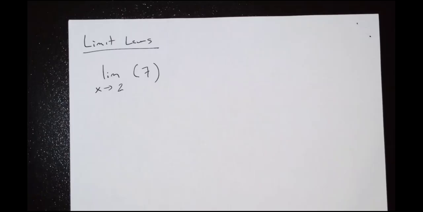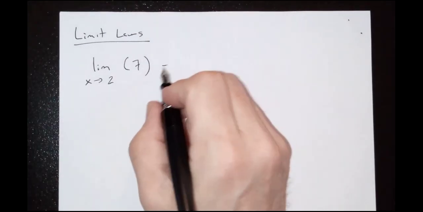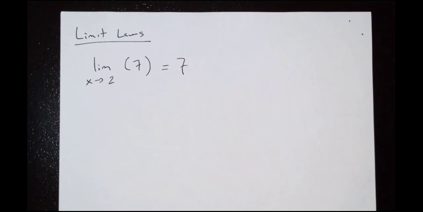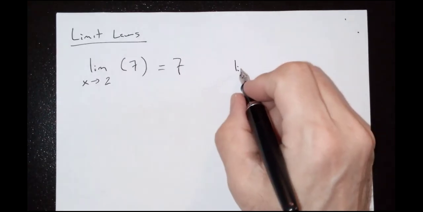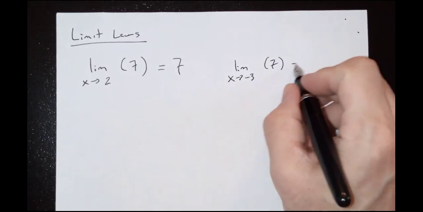They're not changing, which means as I come in from the right or as I come in from the left, those y values are staying at 7 no matter what I do, right? So it's irrelevant to me what's going on down here. If I know that y is equal to 7, I'm going to get out 7. As a matter of fact, it doesn't matter what x value I'm going towards.